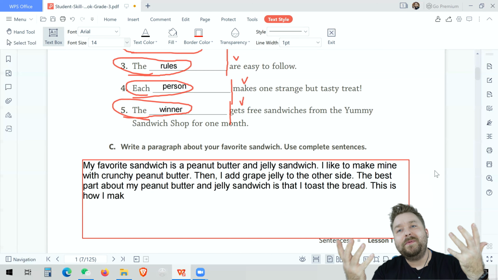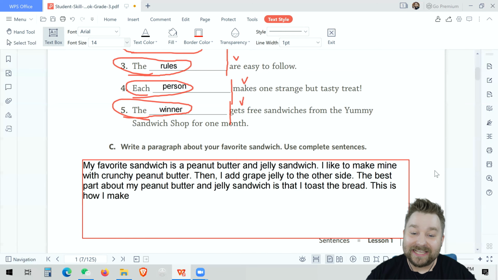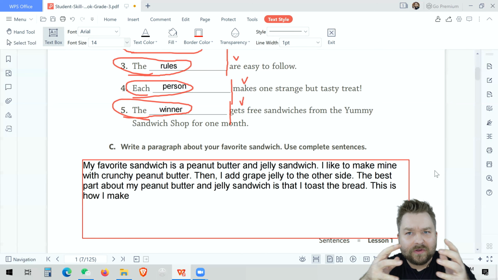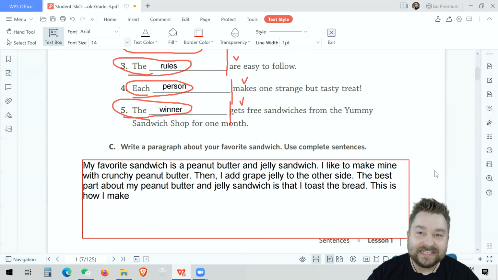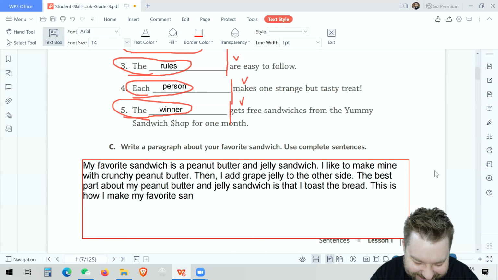Oh, because we were talking about making sandwiches. What's your favorite sandwich? And then on the top, we were talking about to make. So let's put those ideas together, right? This is how I make what? Make my favorite, F-A-V-O-R-I-T-E, favorite sandwich. Spell it right, teacher.